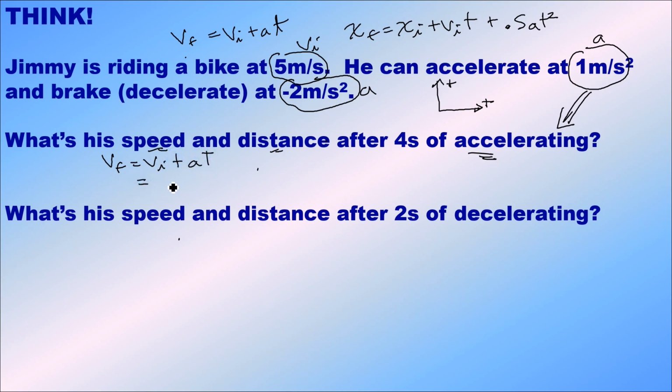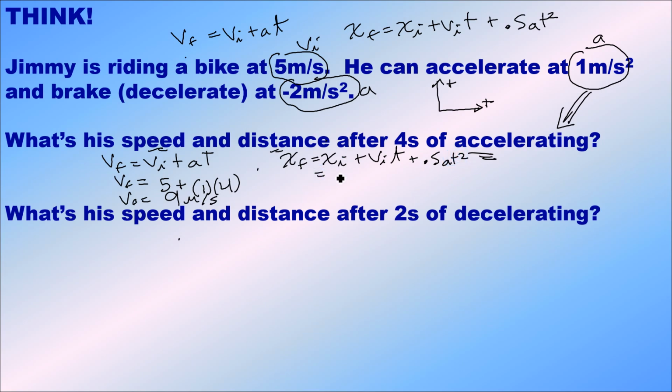And we plug in our numbers, and we follow the order of operations, and we'll get a final velocity of 9 meters per second. And then for distance, we have final position equals initial position plus initial velocity times time plus a half at squared.